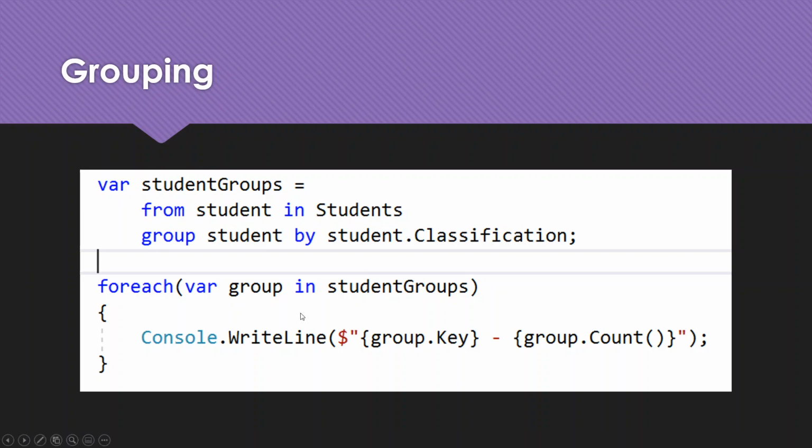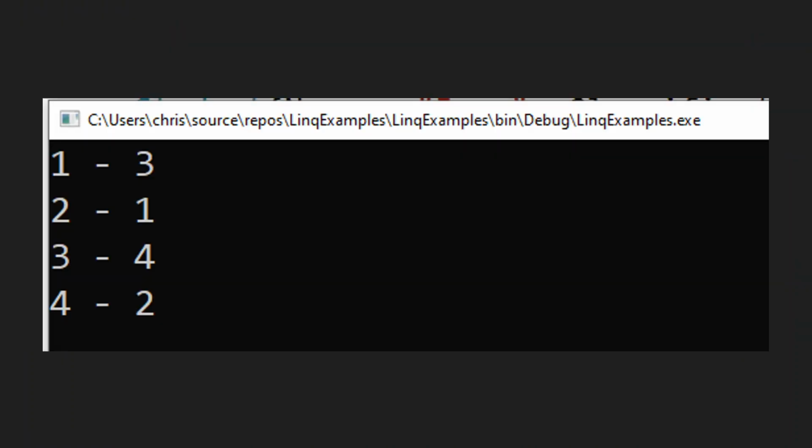So this is essentially allowing you to aggregate sublists of the larger list of students, and then you can do whatever you want with them. This thing is essentially a key value pair that has additional functionality wrapped around it. So here we see we have 3 freshmen, 1 sophomore, 4 juniors, and 2 seniors.